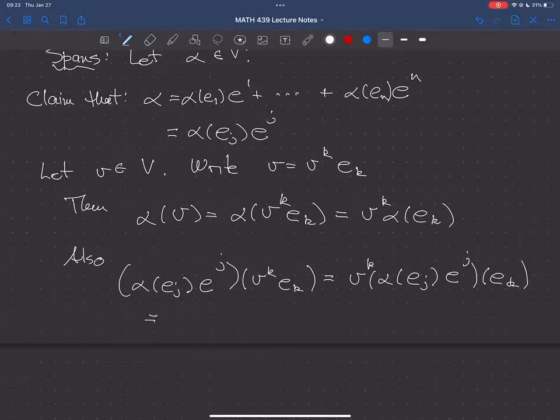Now I just have scalar multiplication here, so I can move this parenthesis over there. So I get v^k alpha of e_j, then e^j of e_k, and I've already shown that this is just delta j k.